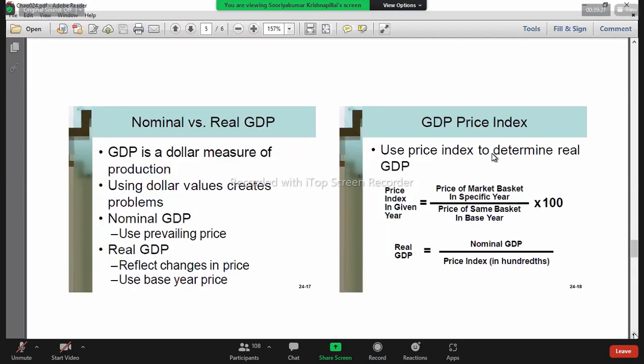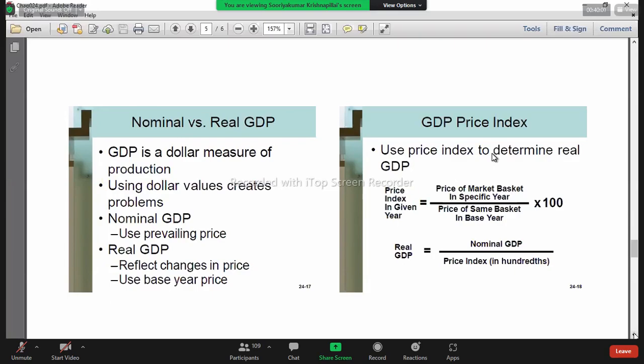So in 2 years they produce the same amount, but the previous year's price is low and the current year's price is higher. When we value by each year's price, the current year's value is more, so nominal GDP is more, but really there is no increase in production; they produce at the same level both years.